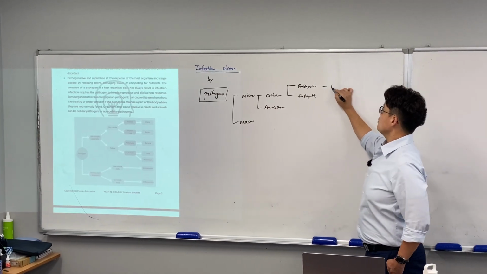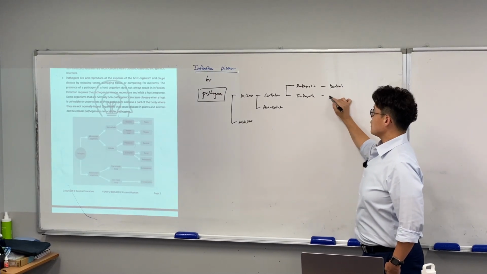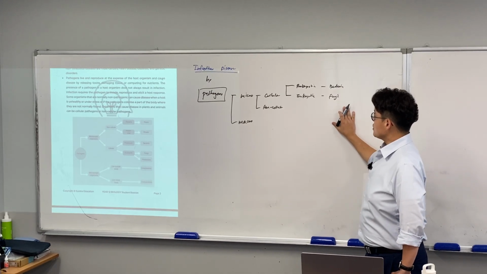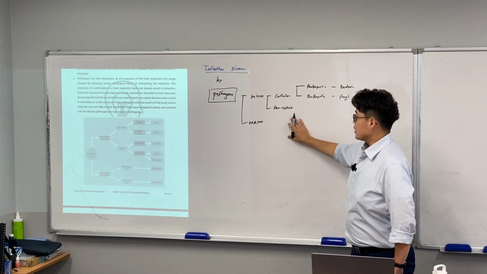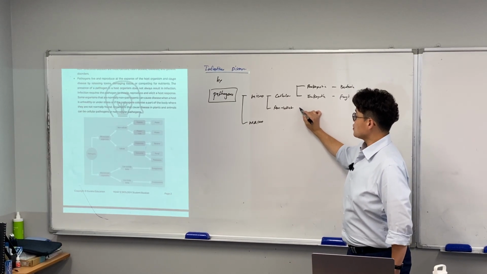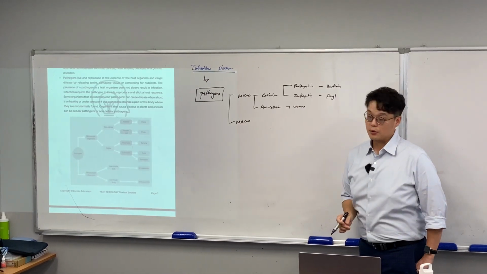Prokaryotic, typical example, bacteria. Eukaryotic, typical example, fungi is a good example too. You may include the protozoans in the eukaryotes as well. Non-cellular micropathogens include things like proteins itself, prions, and the viruses. That's a typical example all the time too.